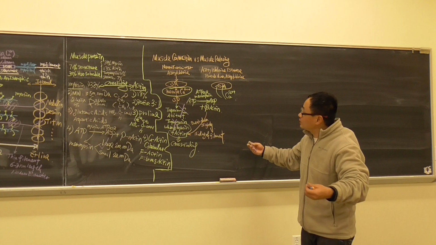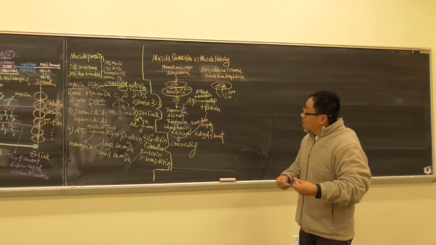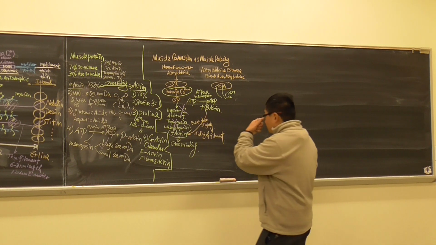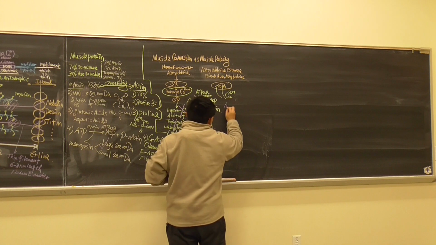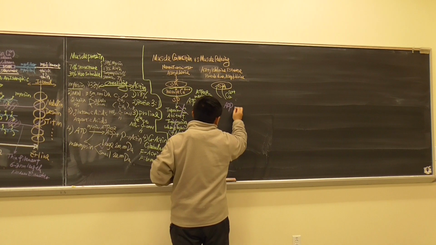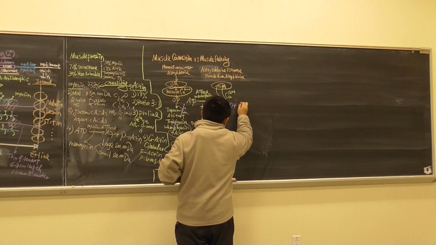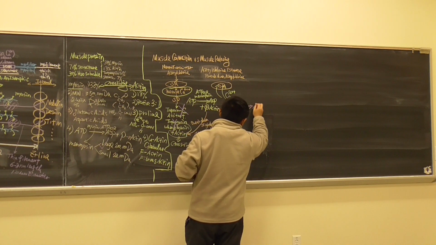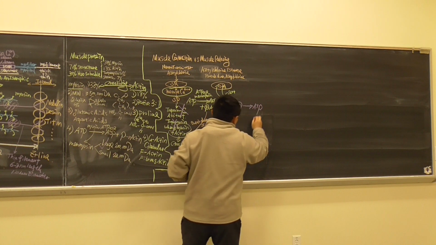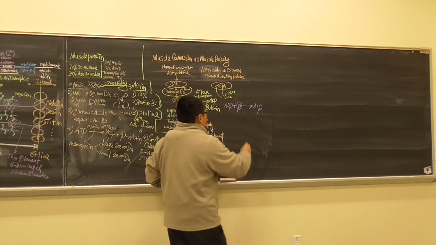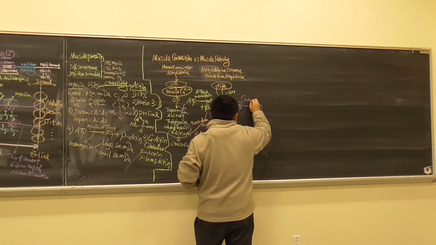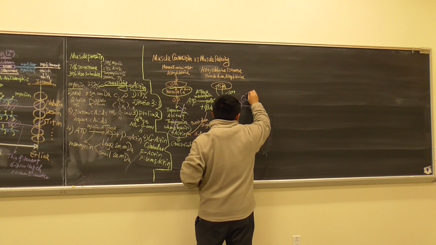They go back to the relaxing status. But at the same time, very importantly, the ADP working with phosphate will become ATP. And where does this phosphate come from? It comes from creatine phosphate.